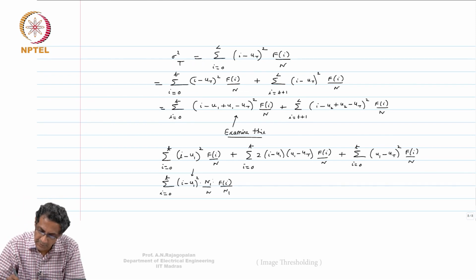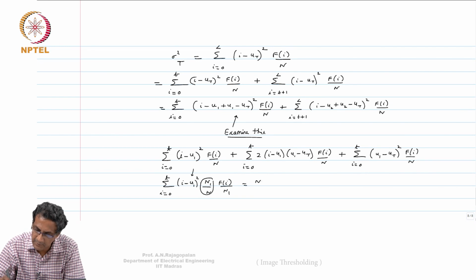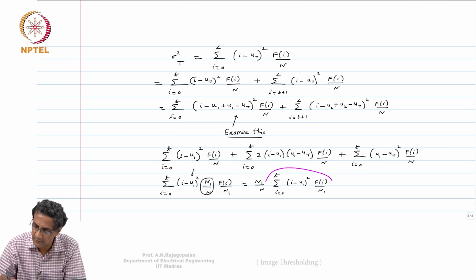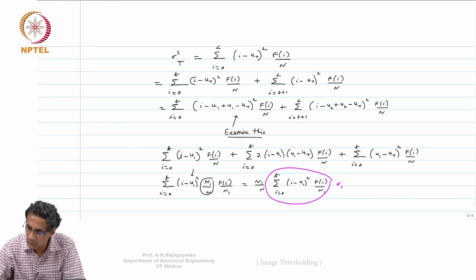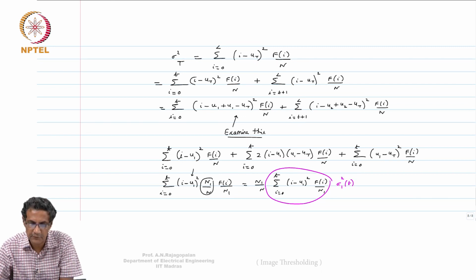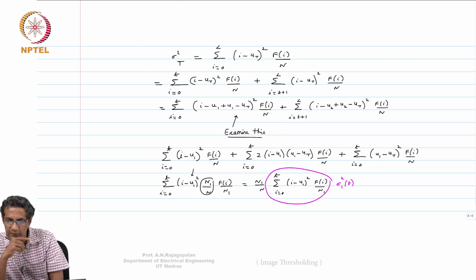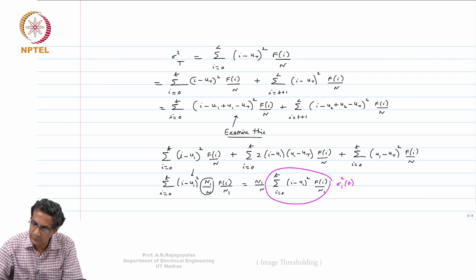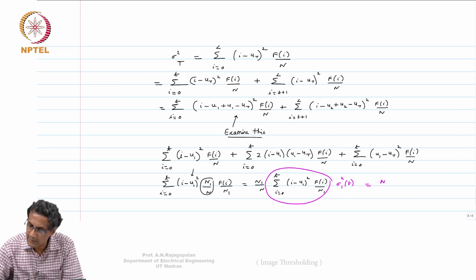Now, if you pull out n1 by n, this will be equal to n1 by n summation (i minus mu 1) whole square into f of i by n1, i equal to 0 to t. Now this clearly, you can identify as sigma 1 square of t, correct? If you go back and check the expression, this is what we had for sigma 1 square of t. Therefore, this whole thing reduces to n1 by n sigma 1 square of t.